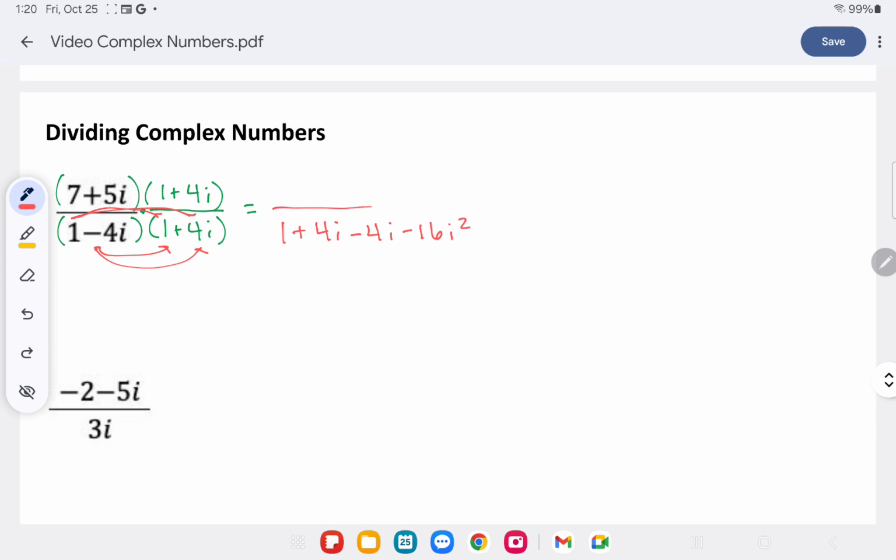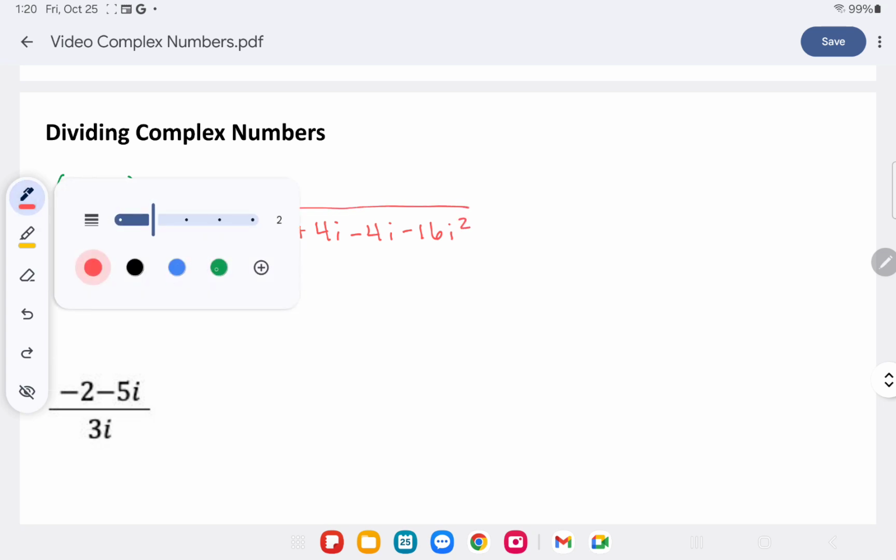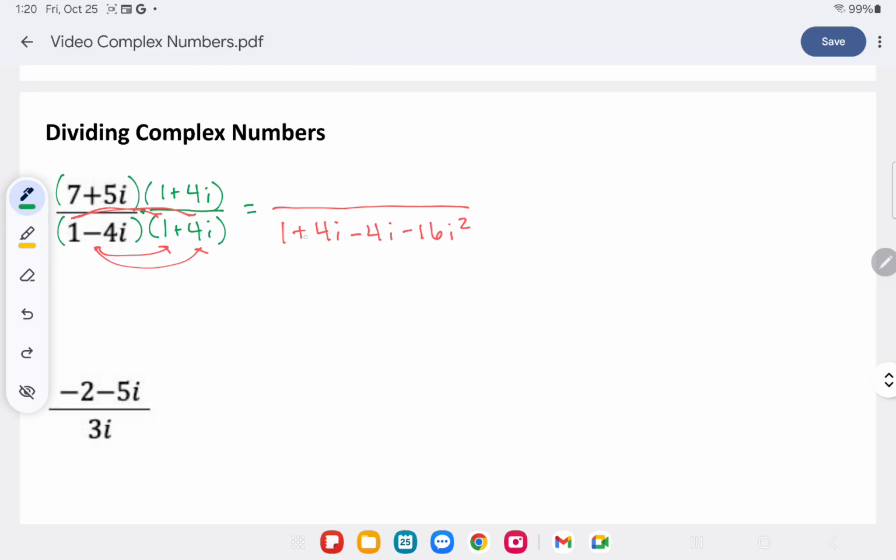So the whole reason we did this was because we knew by multiplying by the conjugate that the i's would cancel. And then when I have i squared, remember that's the same thing as negative 1. So we really have 1 plus 16 in the denominator, or 17 in our denominator. So by multiplying by the conjugate, we completely got rid of our imaginary components.